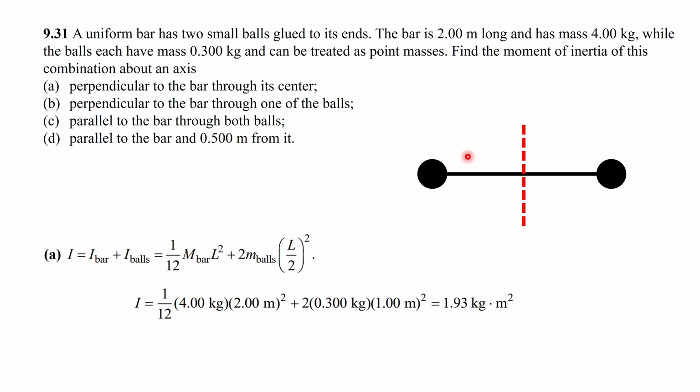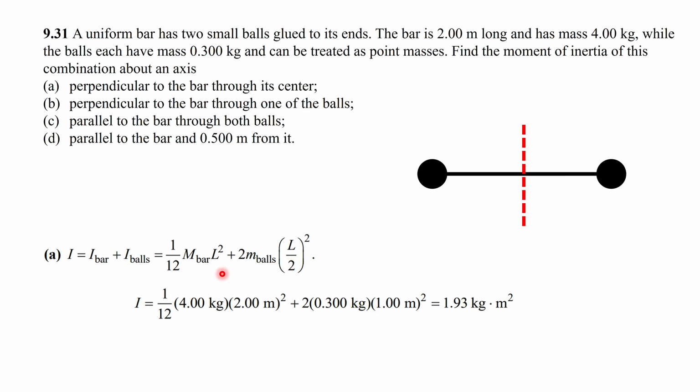And we can't forget there are another two balls. The two balls can be treated as point masses. So for a point mass, that is the mass multiplied by the radius squared. There are two balls, so we multiply by 2 here. So we sum all the inertia. The left part is the inertia of the rod, and the second part is the inertia of the two balls.